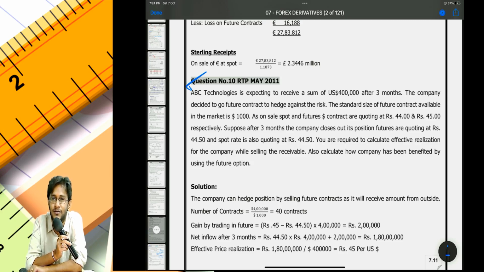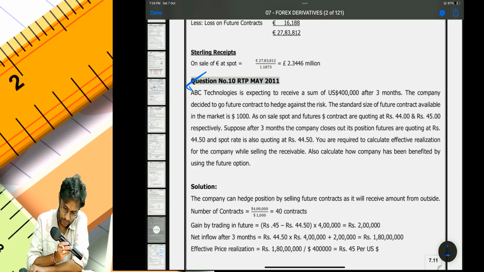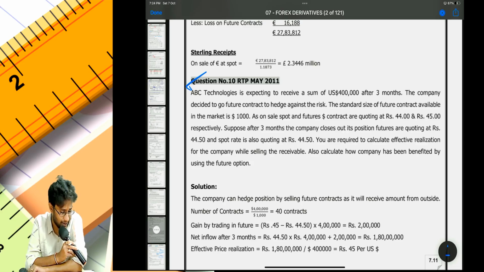Expecting to receive means FC receivable. The company decided to go for a futures contract to hedge against the risk. The standard size of a futures contract available in the market is $1,000.